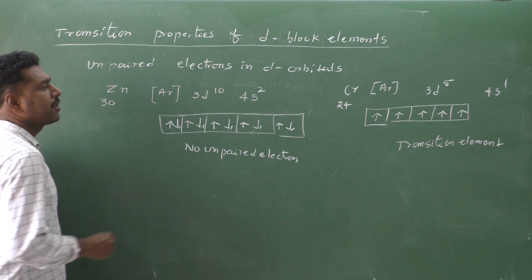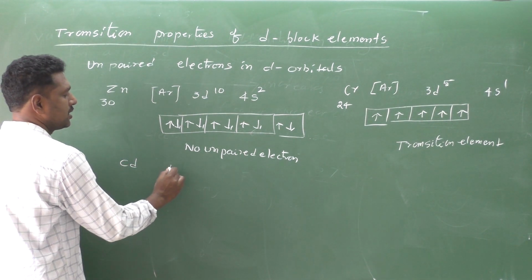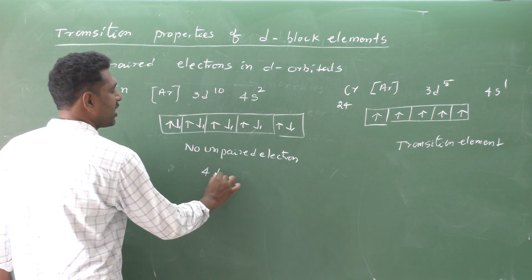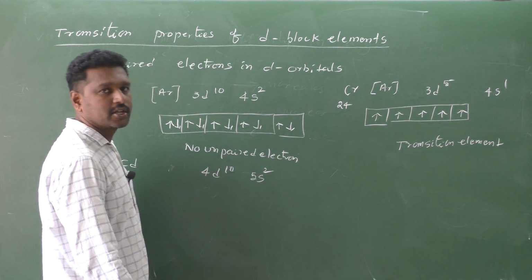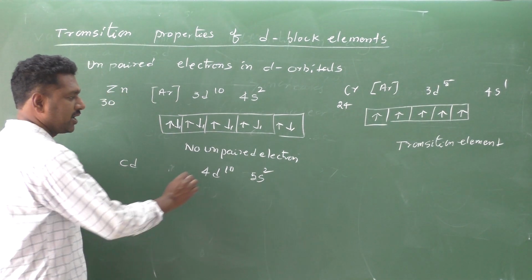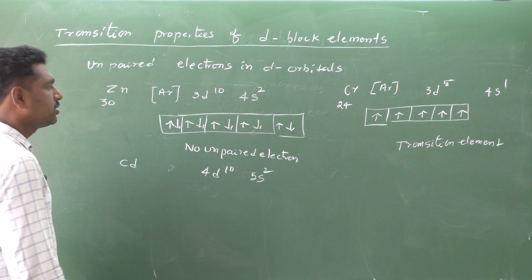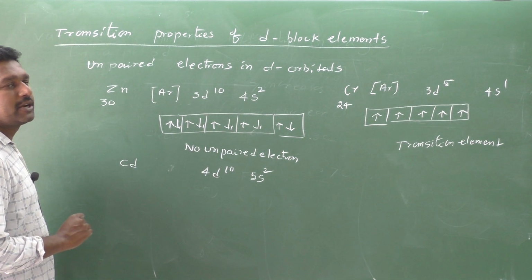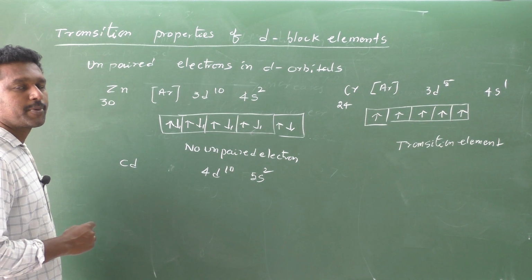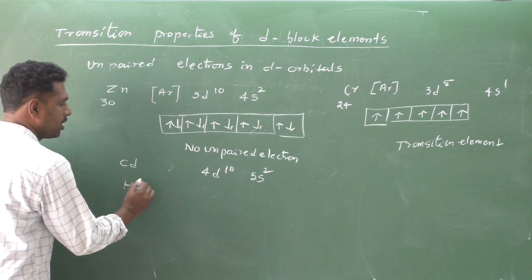Similarly, cadmium has outermost electronic configuration 4d10 5s2. There is no unpaired electron in cadmium, so it belongs to the D block, but it does not exhibit the properties of transition elements.